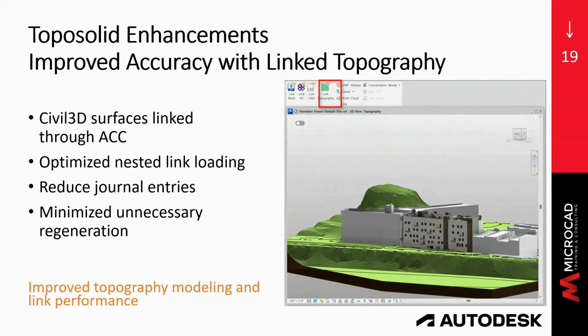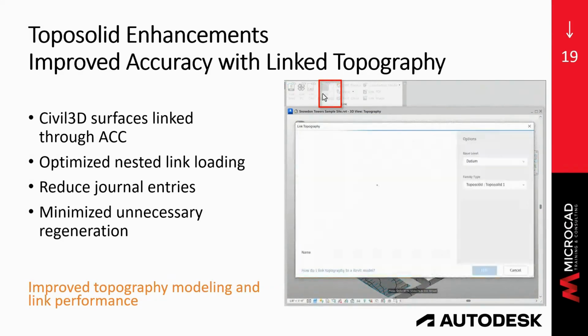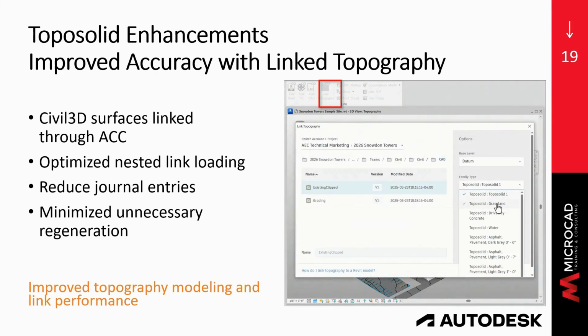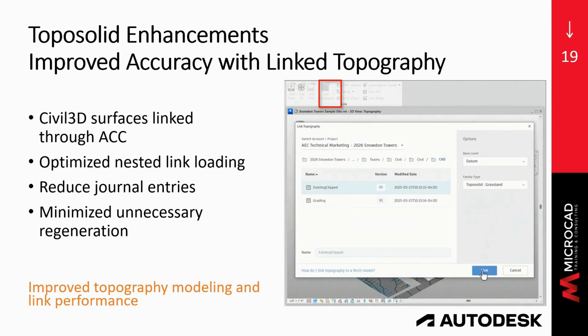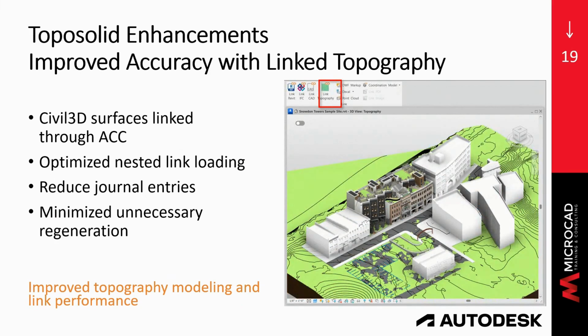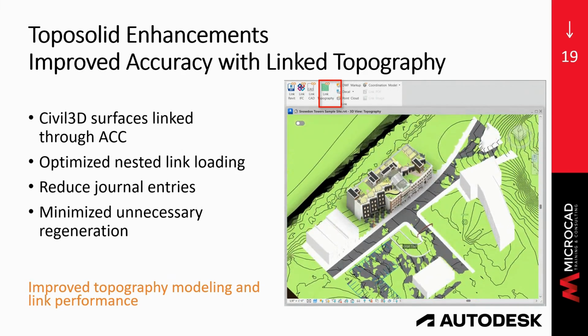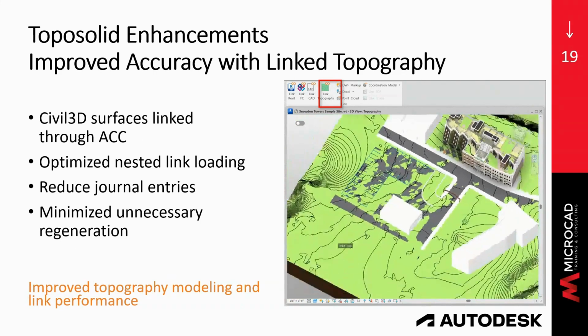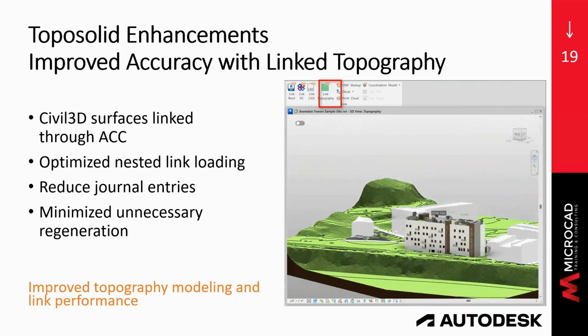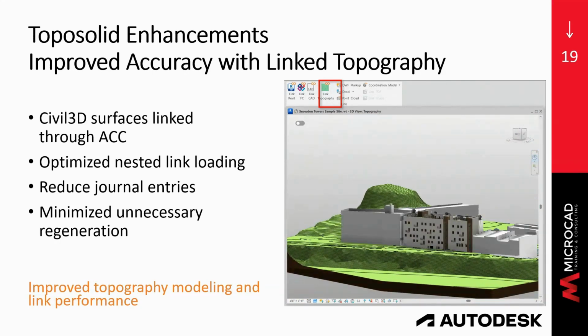So nested link loading is reducing the processing overhead for complex linked models and enhancing performance. Optimizations will reduce journal log entries. So it's minimizing unnecessary regeneration. So cool feature.